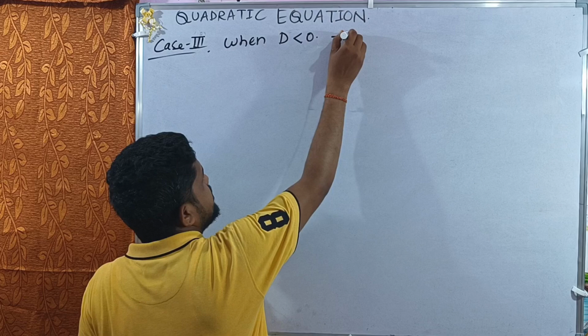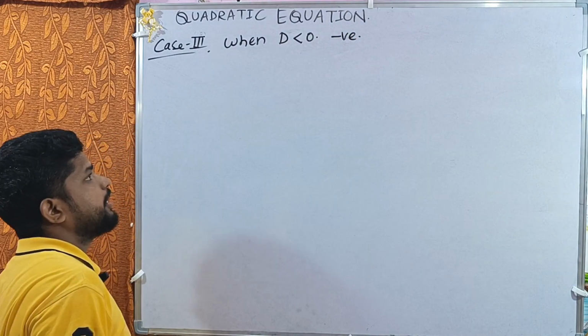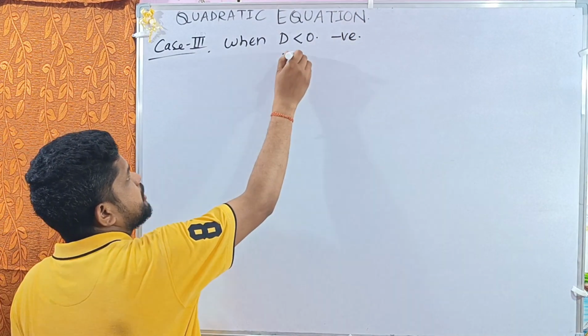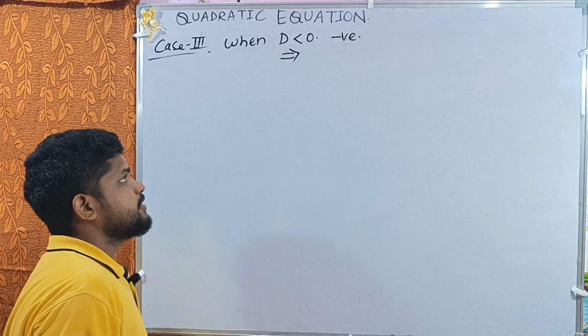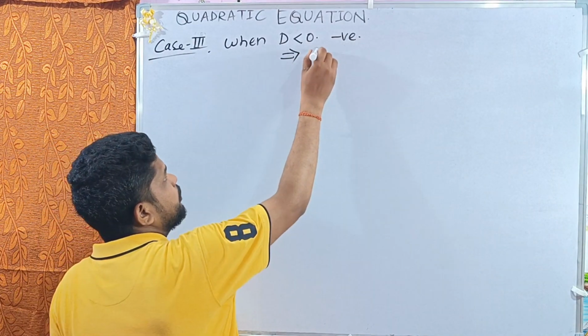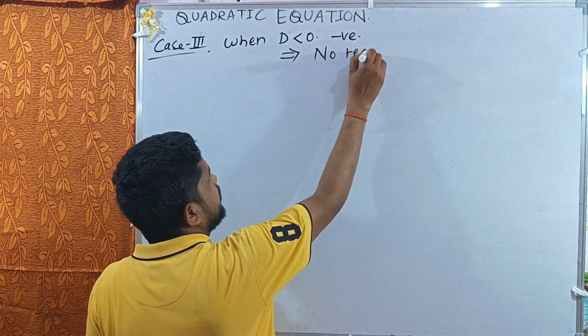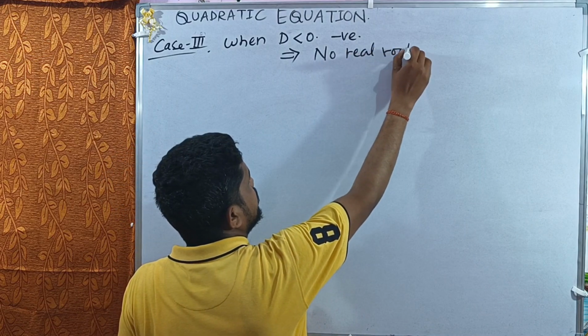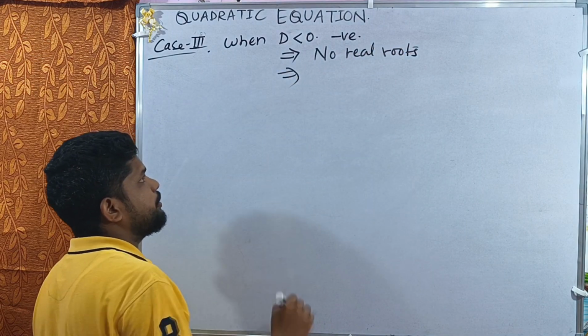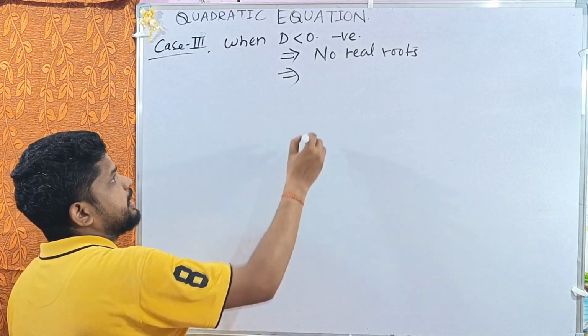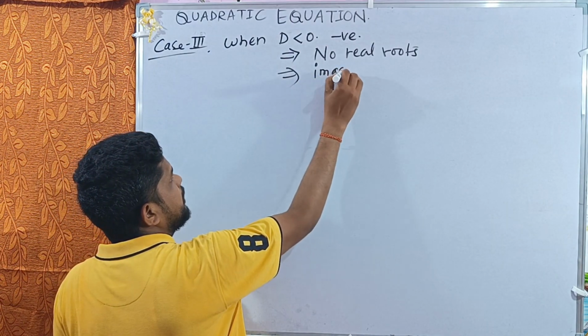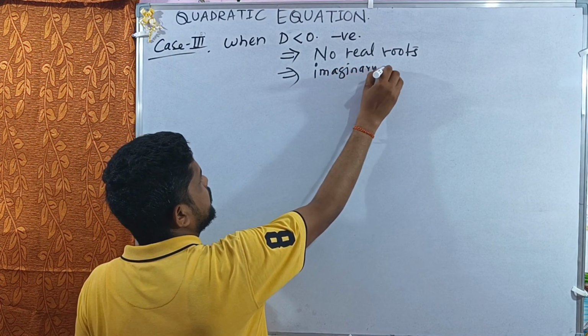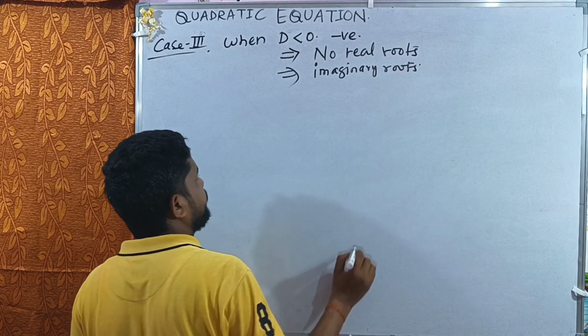Okay, that is when the discriminant is negative. Whenever the discriminant value is less than 0, it will always have no real roots. If it has no real roots, that means it will have imaginary roots. Imaginary roots. Okay.